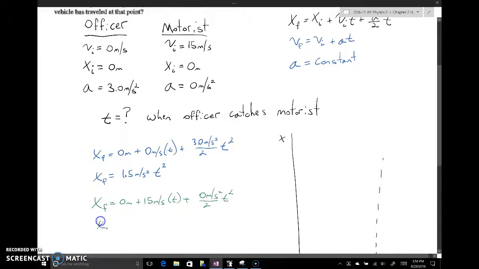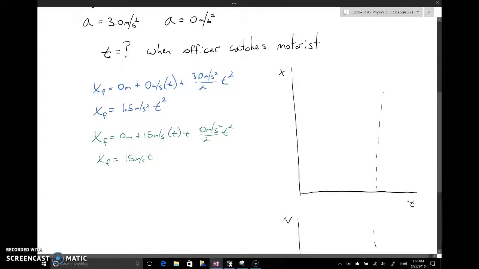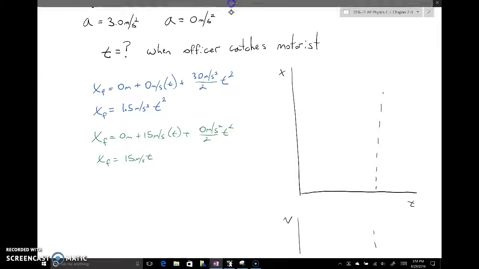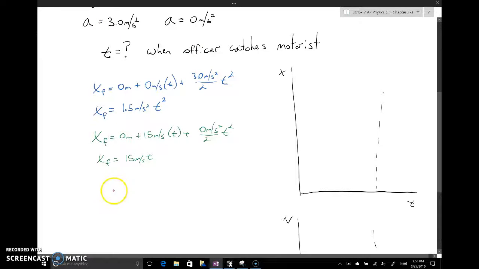So this simplifies down to 15 meters per second times time. So we can solve this by equating these two. We want them to have the same position, so we set them equal to each other. 1.5 meters per second squared t squared equals 15 meters per second t.